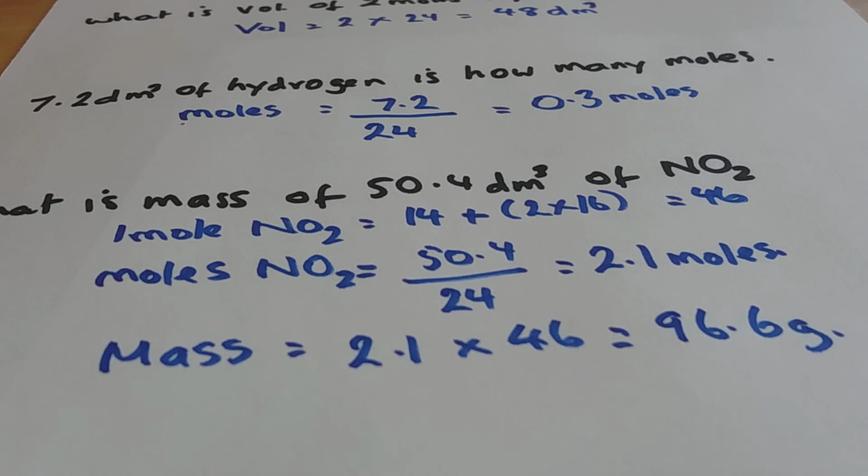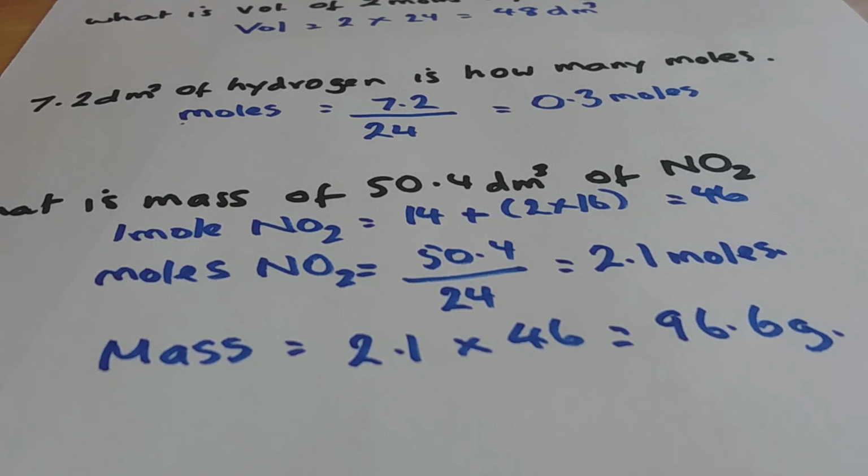Now, moles of gas is easy to work out because the molar volume always stays the same at 24 decimeter cube, and you're always told that. That's the first thing.